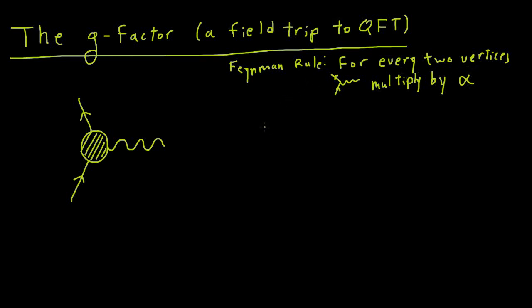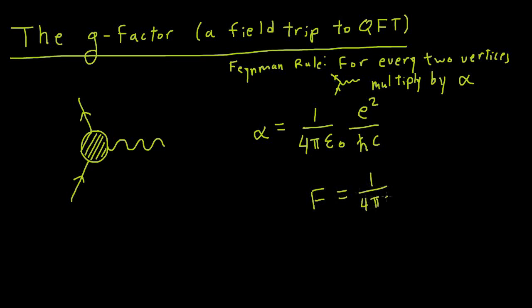Now, alpha is equal to 1 over 4 pi epsilon naught times e squared over h bar c. Now, this 1 over 4 pi epsilon naught is the same factor as present in the Coulomb force, right?